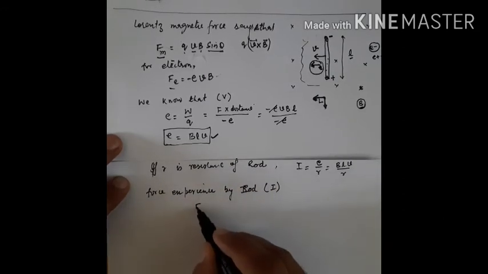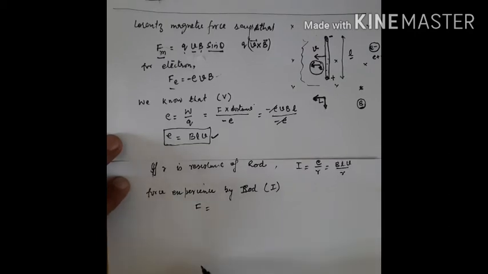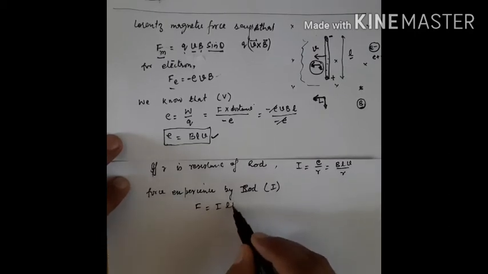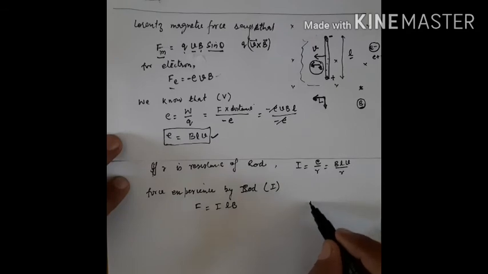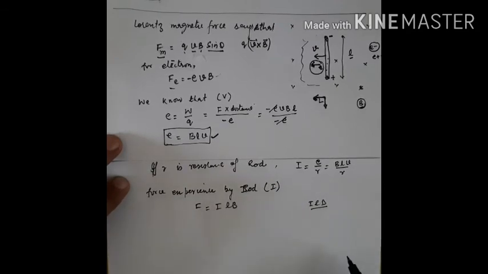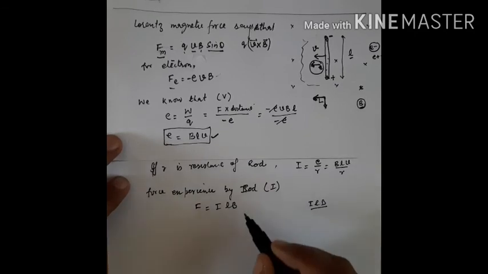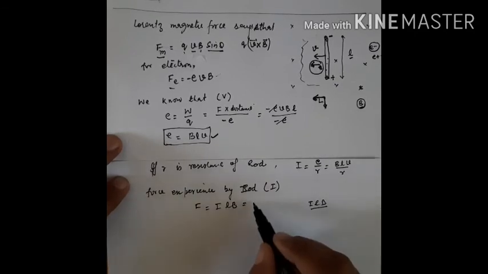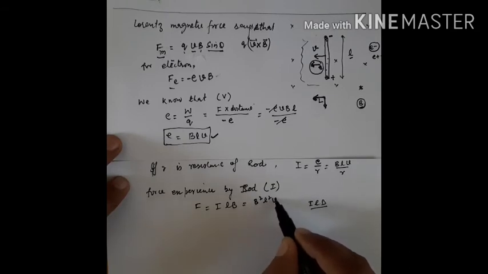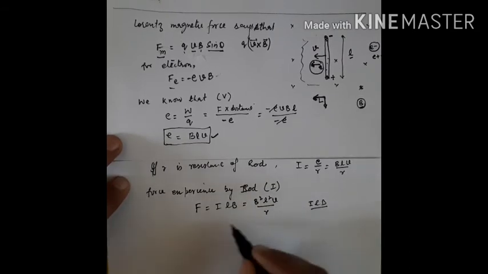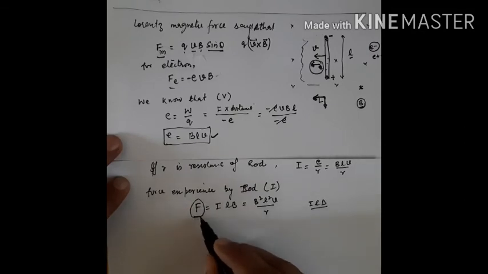The force is ILB, since the direction of current and magnetic field are at 90 degrees. Putting in the value of current, we get B squared L squared v divided by R. This is the force experienced by the rod.